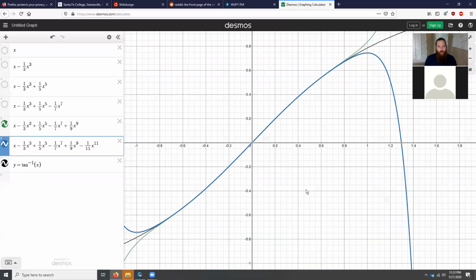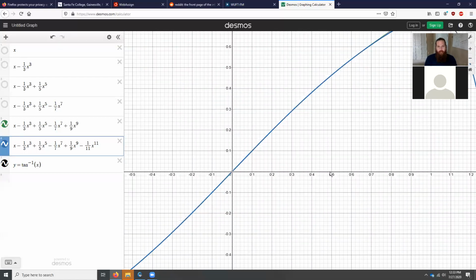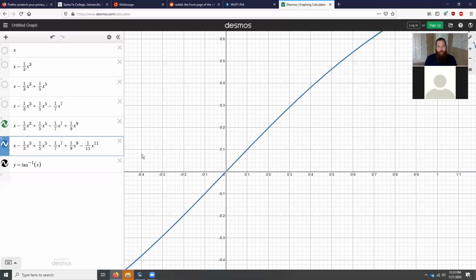For example, if I wanted the area from 0 to 1/2 underneath the black, I could just as easily find the area from 0 to 1/2 underneath the blue. Look, those areas are the same. If they're not exactly the same, they're really close. Integrating arctan is hard.